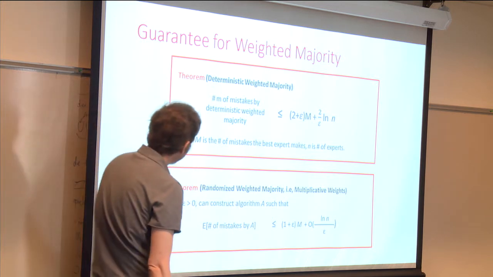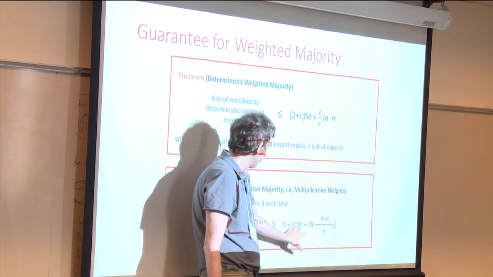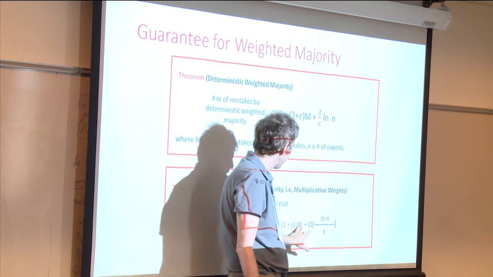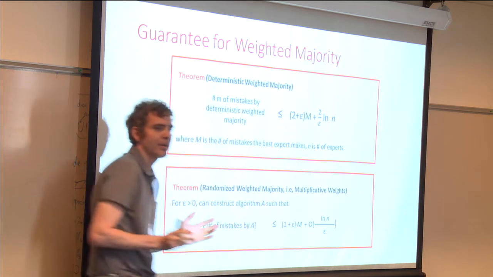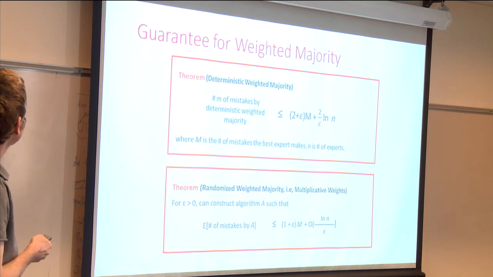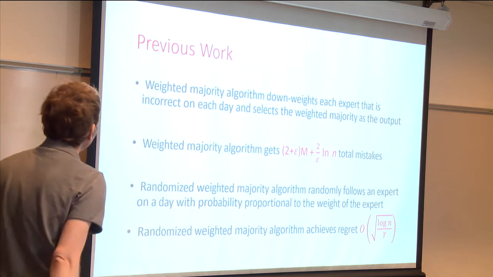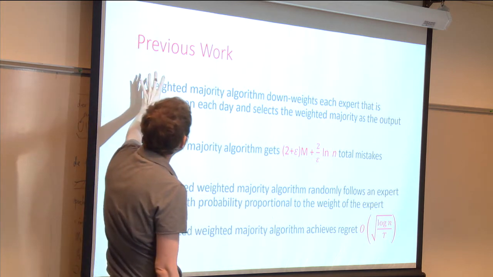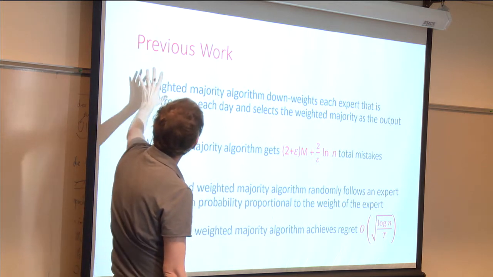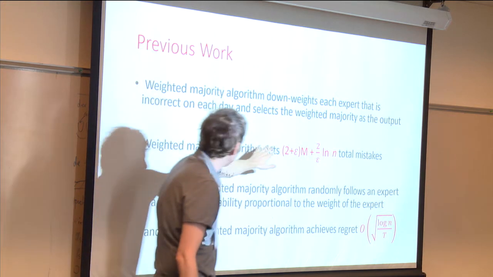And you can show the expected number of mistakes made by your algorithm is now 1 plus epsilon times the number of mistakes made by the best expert, again, plus order log n over epsilon. This is all standard classic stuff.